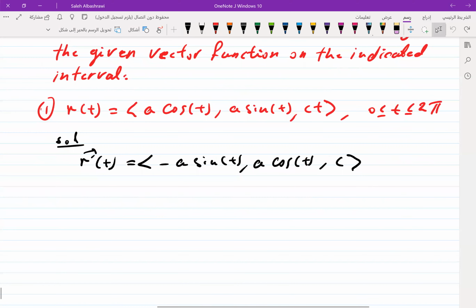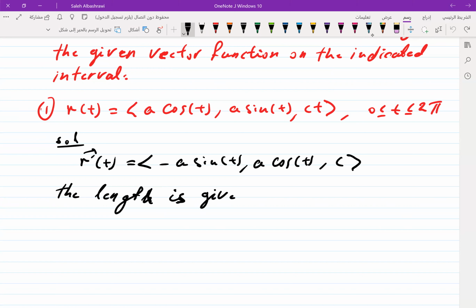Now the length will be given by s equal to the integration from 0 to 2 pi of the magnitude.